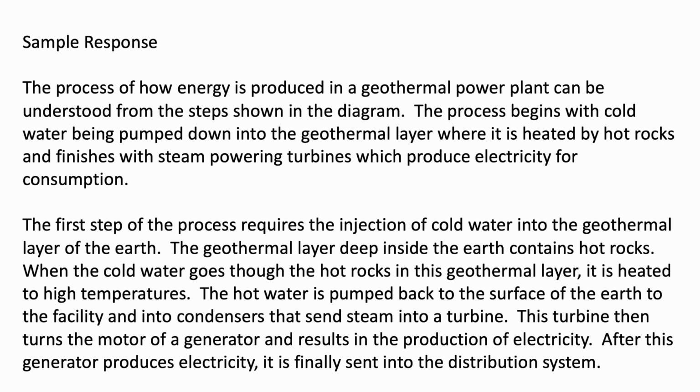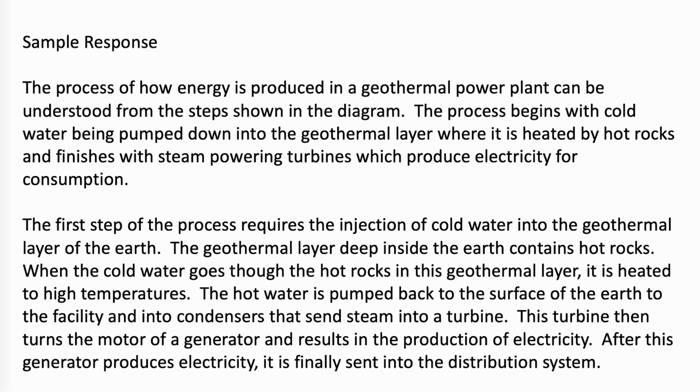The first step of the process requires the injection of cold water into the geothermal layer of the Earth. The geothermal layer deep inside the Earth contains hot rocks. When the cold water goes through the hot rocks in this geothermal layer, it is heated to high temperatures.